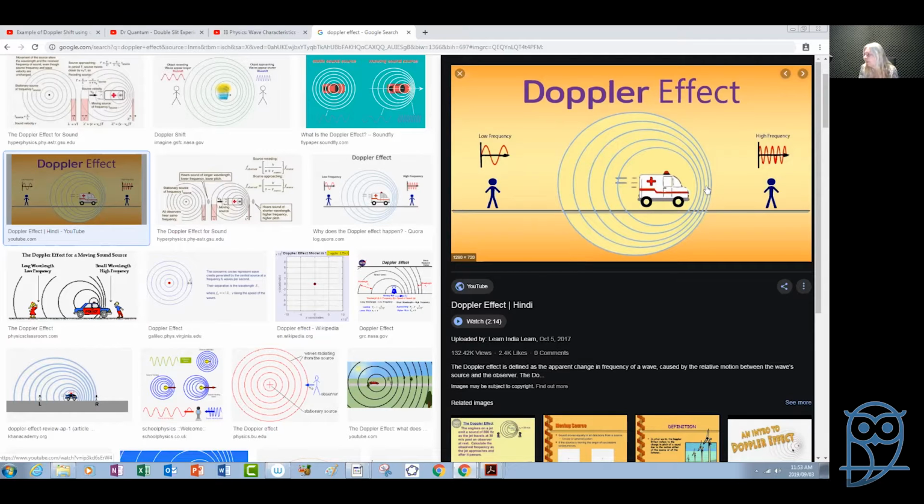And the frequency follows the opposite rule. If the wavelength is small, the frequency is large. So high frequency, high pitch. On the other hand, large wavelengths, small frequency, low pitch. I hope this makes sense.